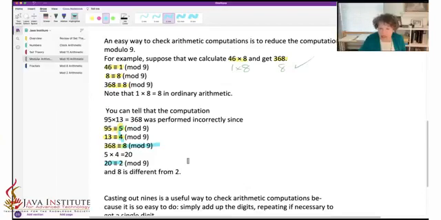Okay, somebody asked about uses of other mods. Let me see. UPCs. I've got to find something I bought that has a UPC on it.